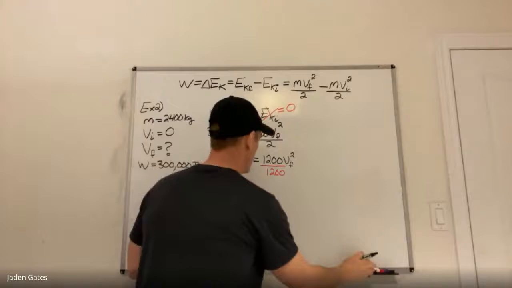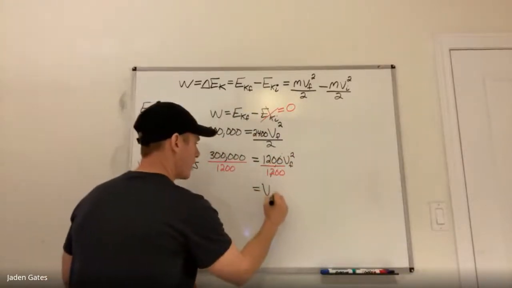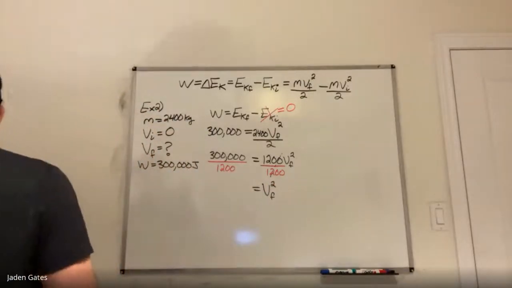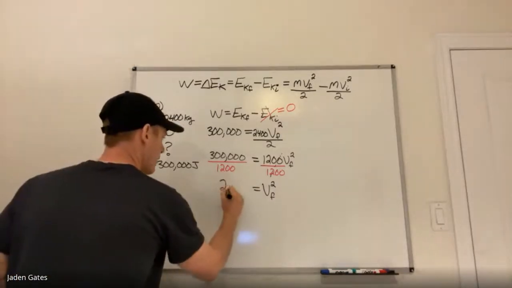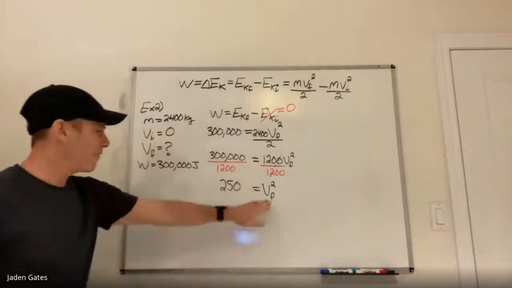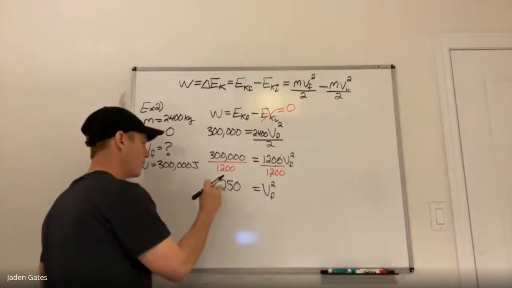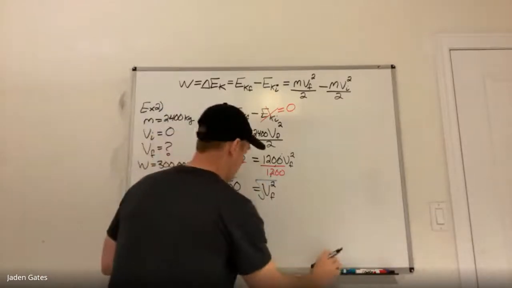All right, and so let's see here. Well, those 1200s divide each other out. And so I have a VF squared equal to 300,000 divided by 1200. I end up with, let's see here, let's double check that. Oh, I end up getting 250, right on. And again, to get VF squared by itself, I'm going to have to square root both sides, as I did before.